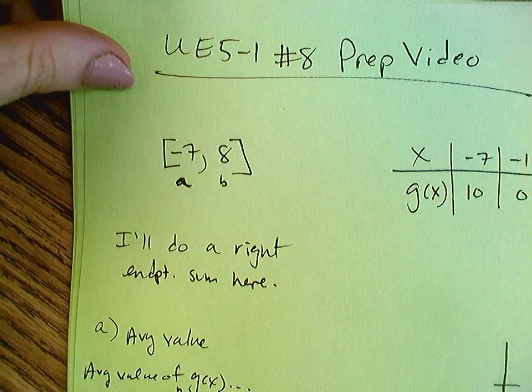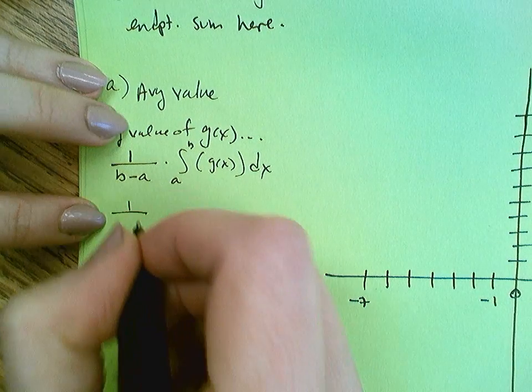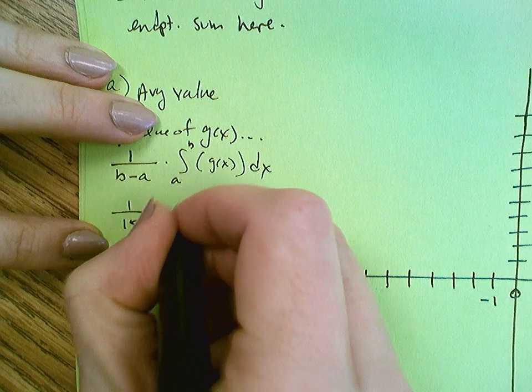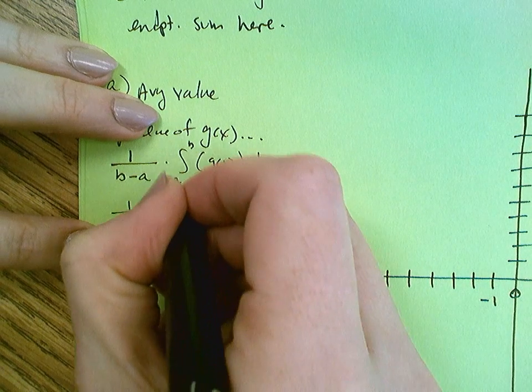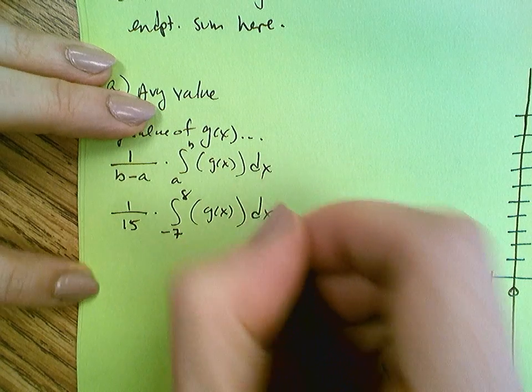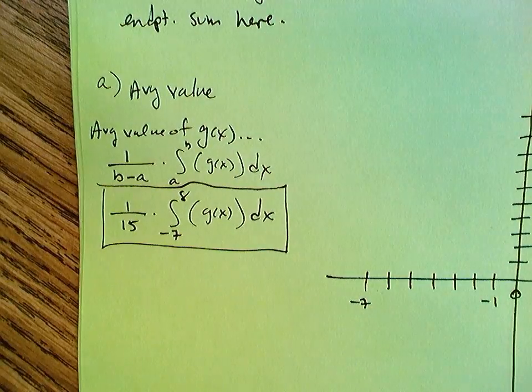So I just plug in -7 and 8. It's going to be 1 over 8 minus -7, which is 15, times the integral from -7 to 8 of g of x dx. You're going to get some points just for doing that.